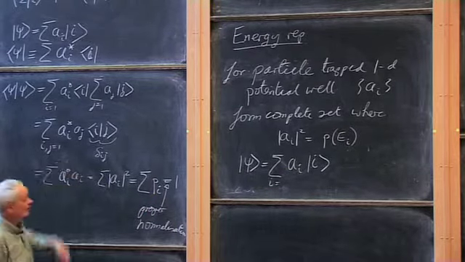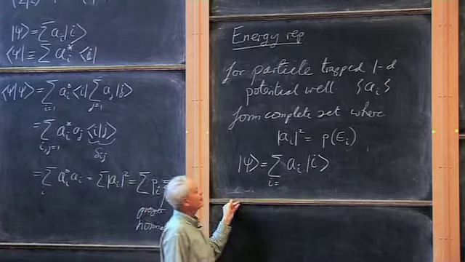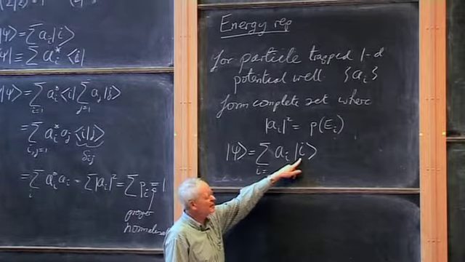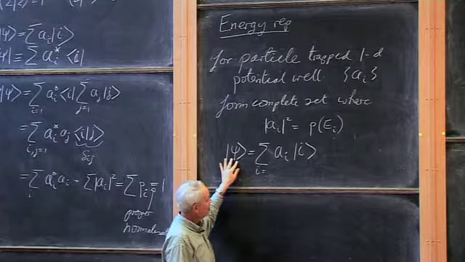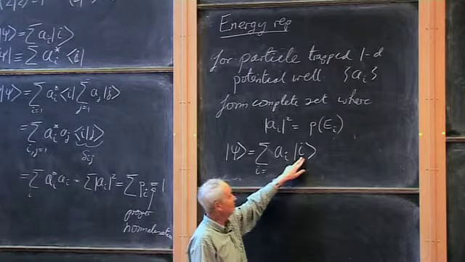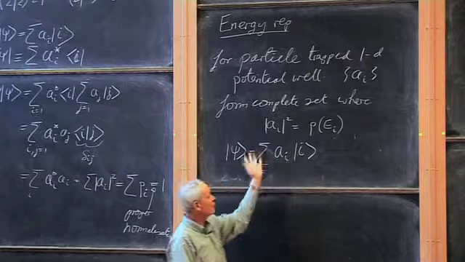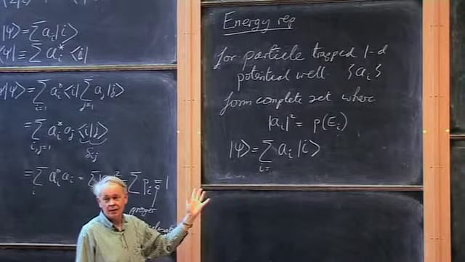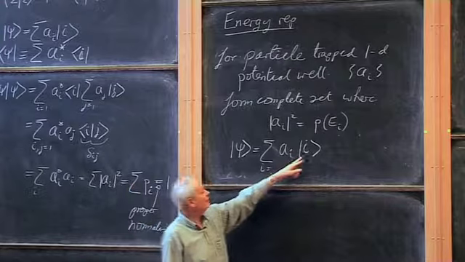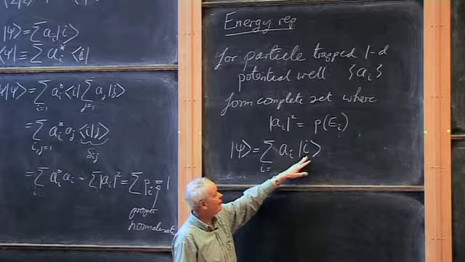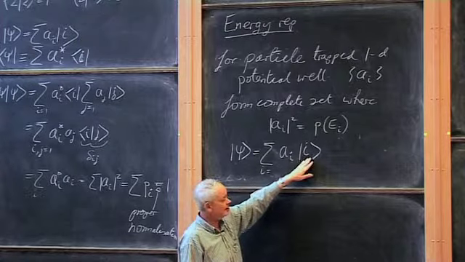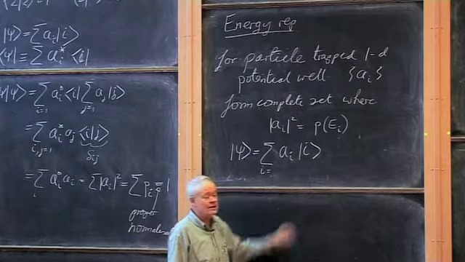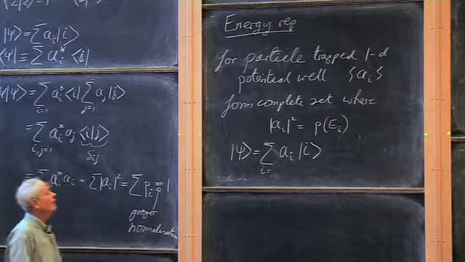That's just a repeat of what we've already done. And now let's ask ourselves, what's the physical meaning of these states? This is expressing my actual state of the system as a linear combination of some states of the system that we've conjured out of nowhere. But each one of these, according to our formalism, corresponds to a complete set of amplitudes. It's a state of the system.